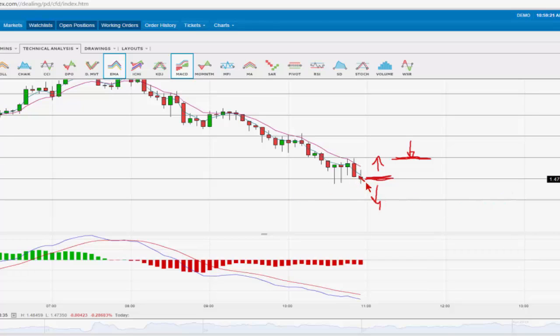If you believe that the marketplace is going to continue to trend down, you might look at the 1.4720, which would be an out-of-the-money trade at this level. And that would be risking $35 to make $65.